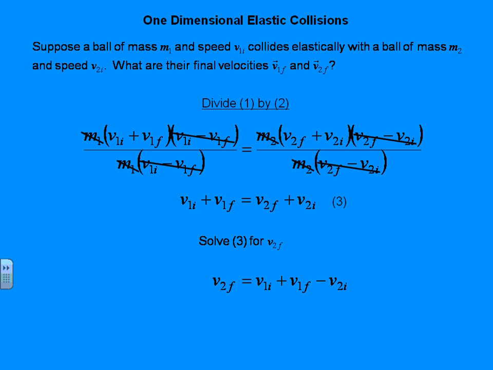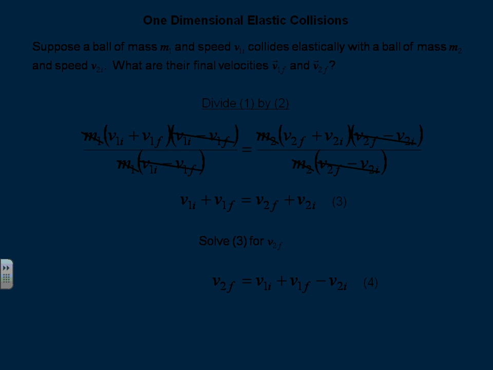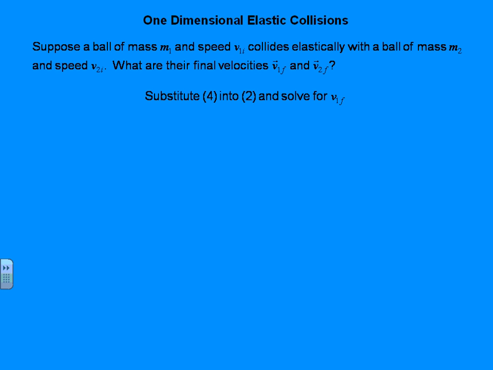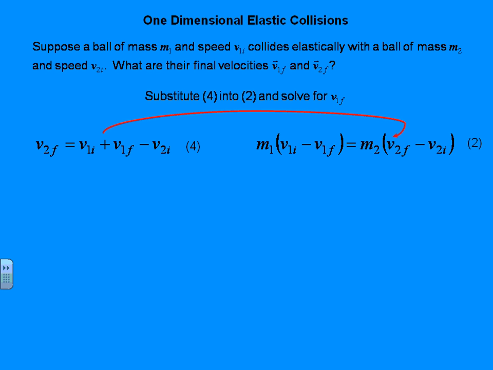So now that we have an expression for v2f, we're going to call that equation 4, and we're going to substitute that into equation 2. So here's equation 4, here's equation 2, and we're going to put it right there. Okay, so we're going to substitute our new way of writing v2f in for v2f in equation 2, thus eliminating it from the equation.